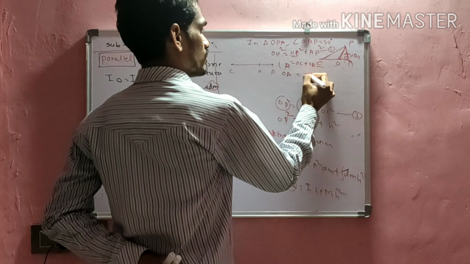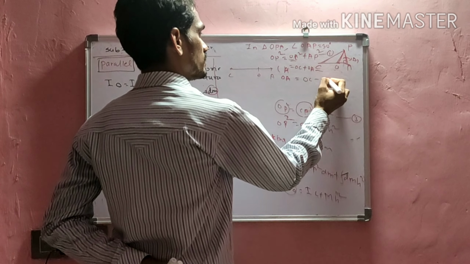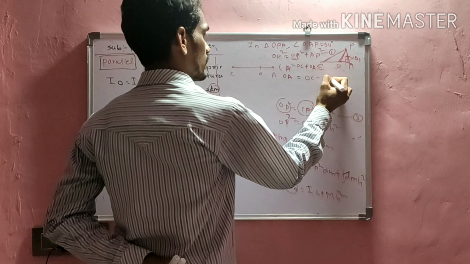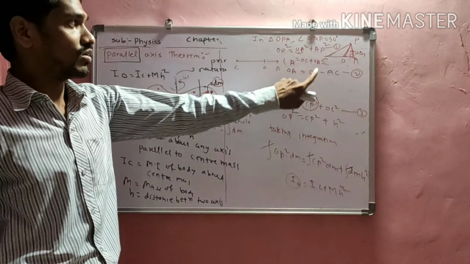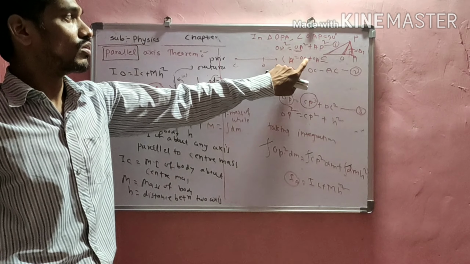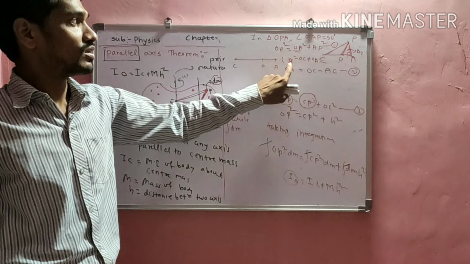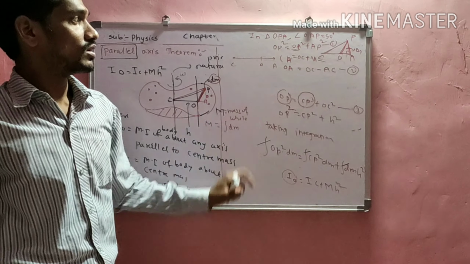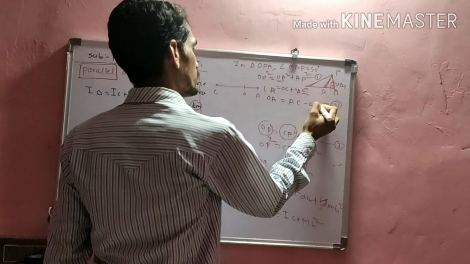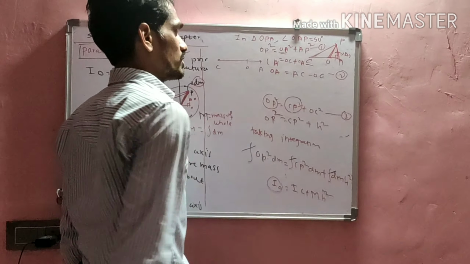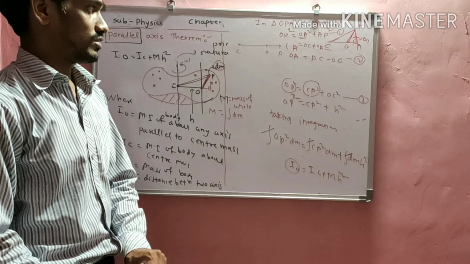OA is equal to OC minus AC, or CA. Give the equation number second. OA is equal to AC minus OC, and this is equation number second.